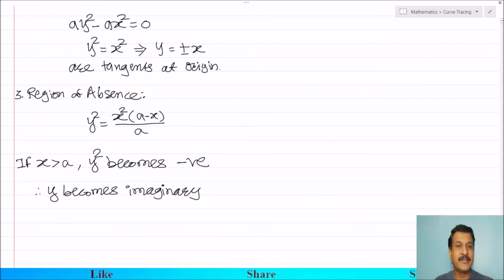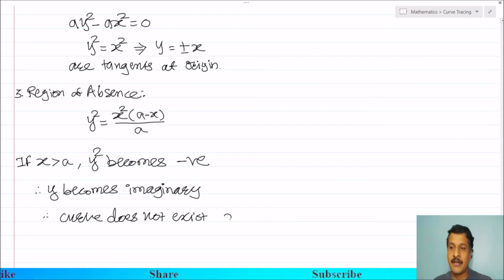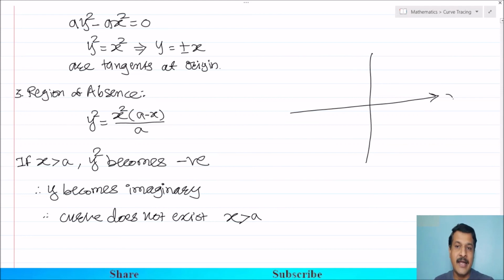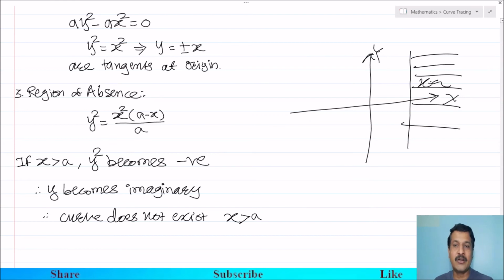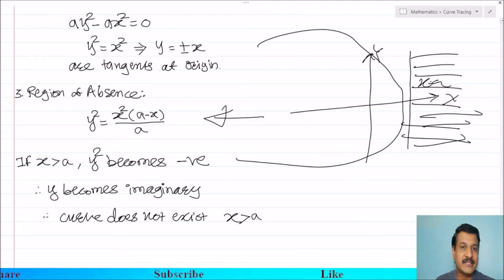Under root of negative, imaginary. Imaginary means the curve does not exist. So therefore the curve does not exist for x greater than a. It means that if we consider this is the x-axis, this is the y-axis and this line is x equal to a, beyond this the curve does not exist. Means here, this part up to infinity, the curve exists.